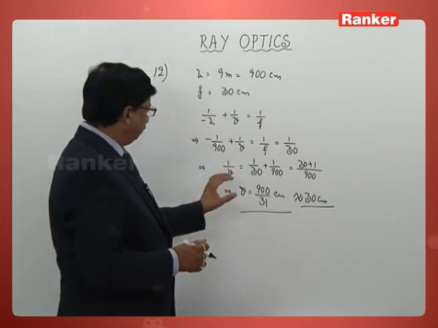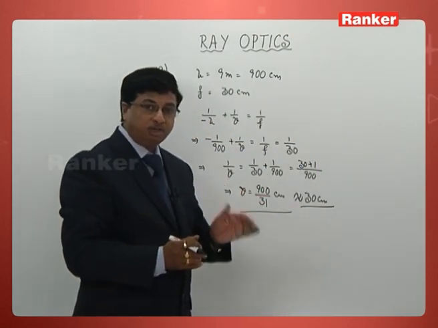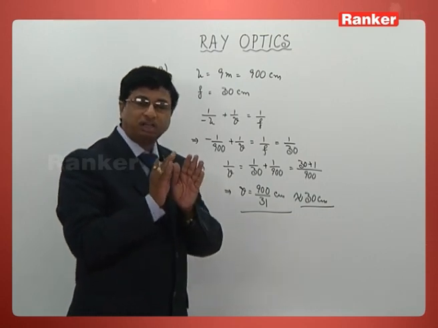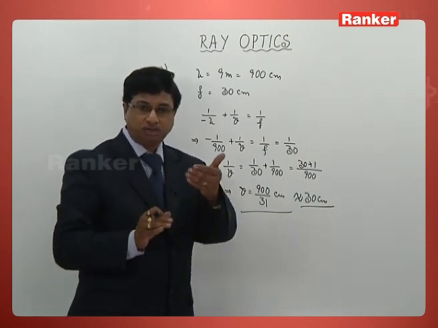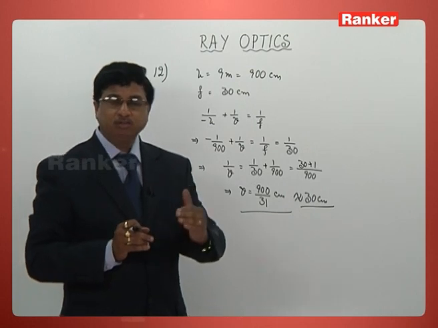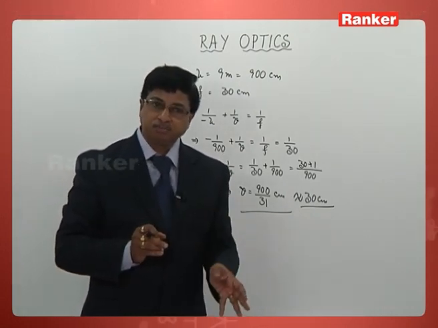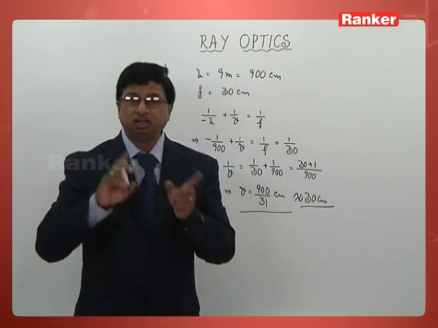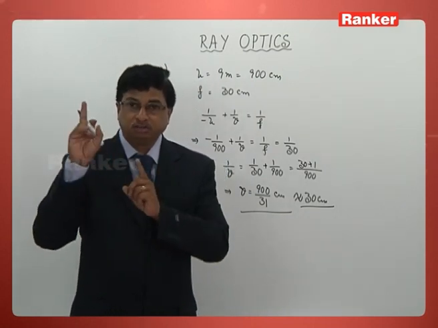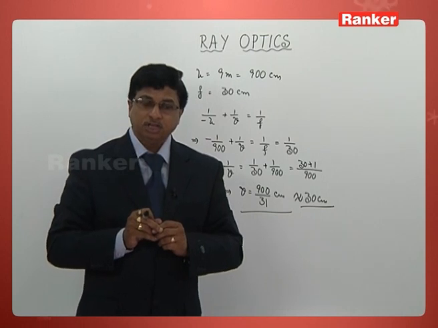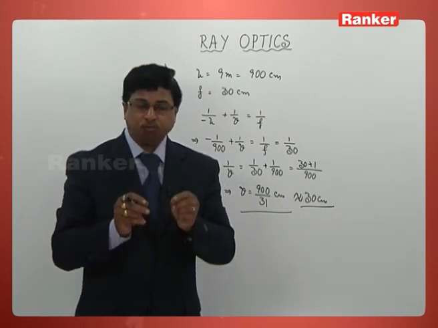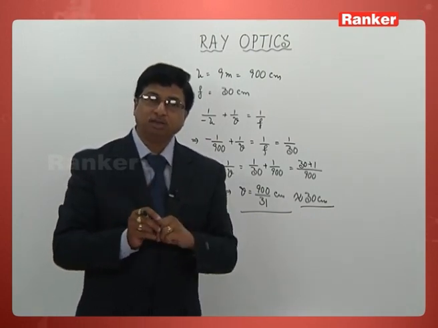So nearly, nearby distance, that is what he wants; the correct and exact value he does not want. He has not given it in the options either. One is given 30, one 60, one 90, all in centimeter, and the fourth option is given 9 meters, so totally 900 centimeters. No answer is very close to another.